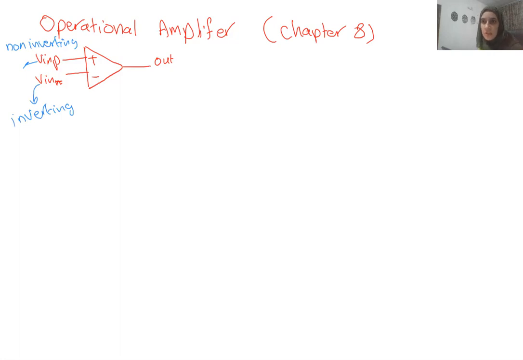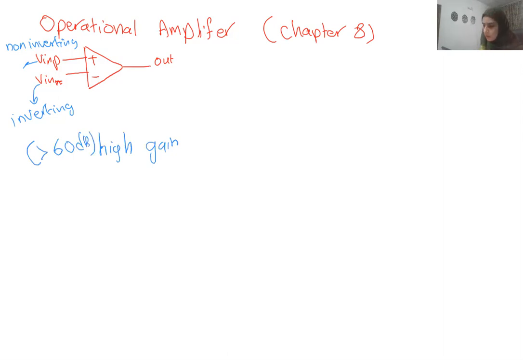It has multiple stages, either two or more, in order to get higher gain, because one of the main features of the operational amplifier is that it should have large gain. So it should have very high gain, more than let's say 60 dB.